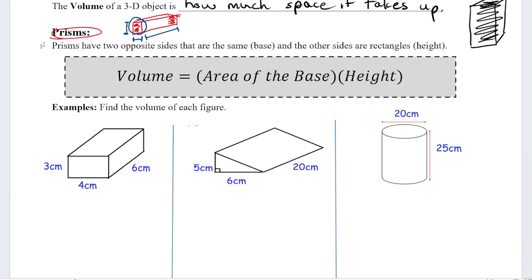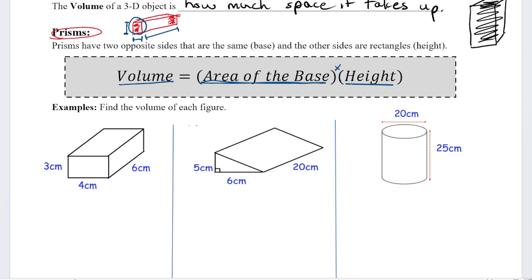So to be general, we will call volume the area of the base. So whatever the 2 ends are that are connected, that have been stretched, that's the base. And we're going to multiply that by the height. Remember, we've got brackets. So brackets means multiply when the brackets touch.